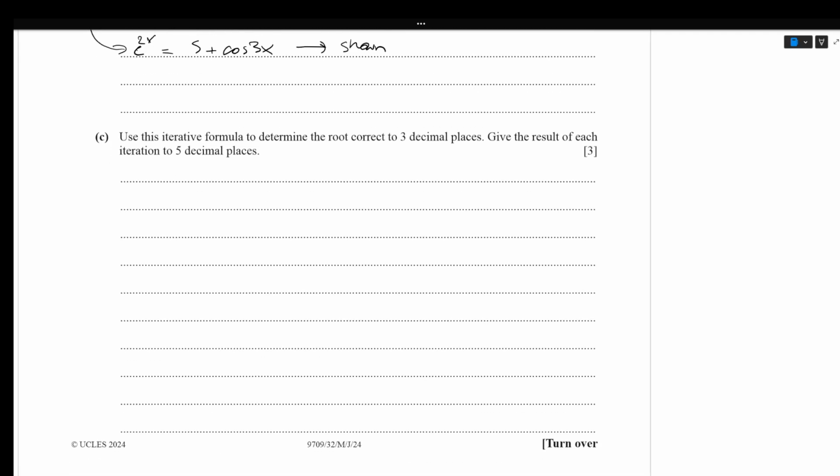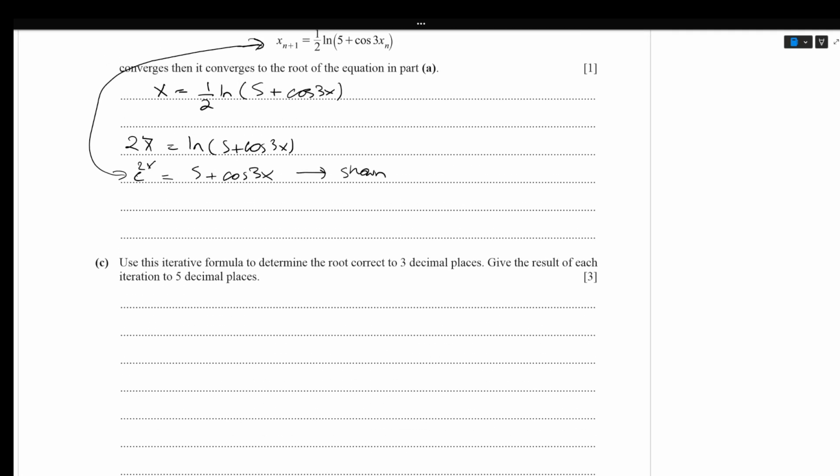We're supposed to use the iterative formula to find the root that should exist in the interval.